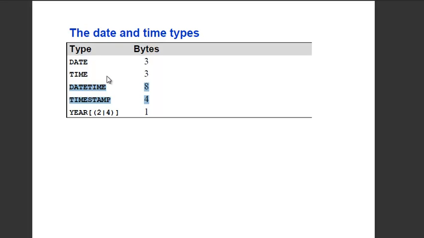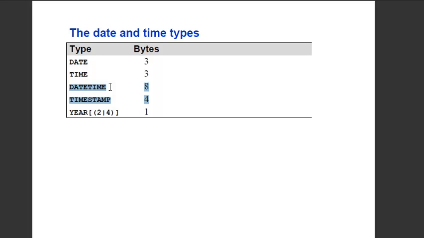Typically, timestamp would be used to keep track of transactional data, because in SQL we have a timestamp function which generates a date in a certain format. So we could keep track of when a row is inserted into a table, or when an update was made.